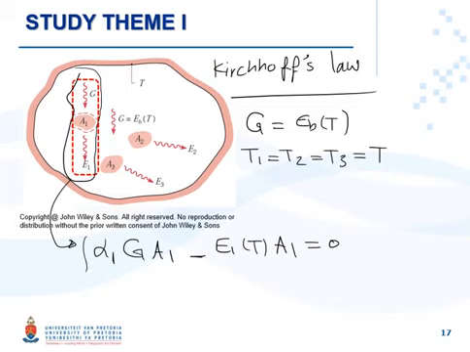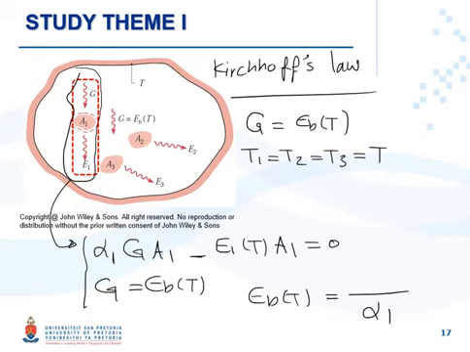We also said that G is equal to E_b(T). So E_b(T) here will be E1(T) divided by alpha 1. I deleted the A from both sides. Okay, so no question so far. It's a very simple thing. We didn't do anything extraordinary. Okay, so now let's continue and see where we can get out of there.